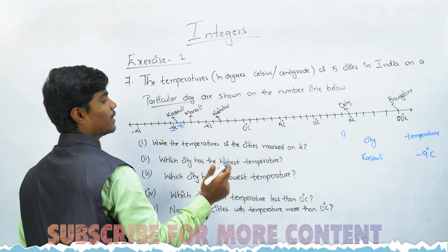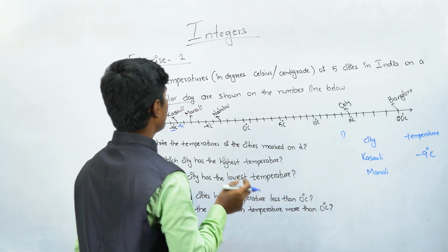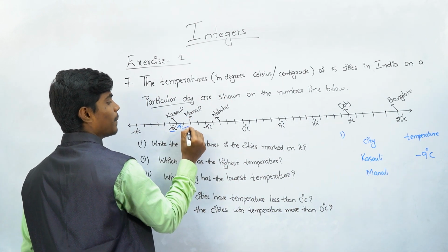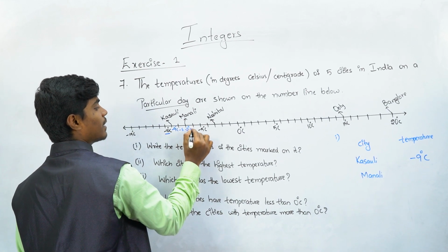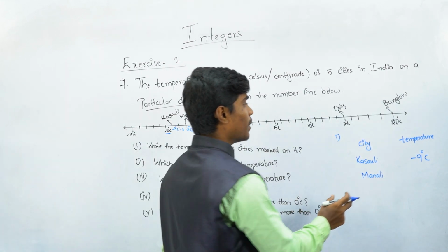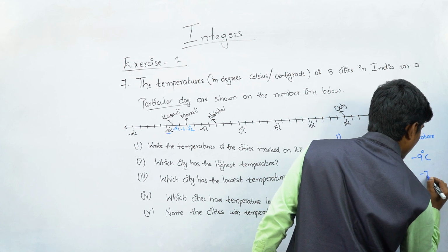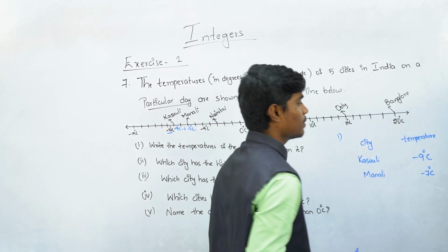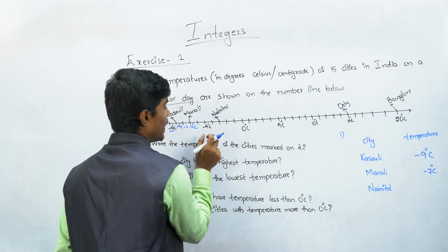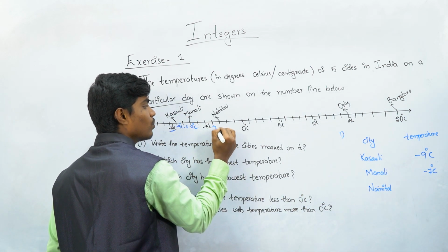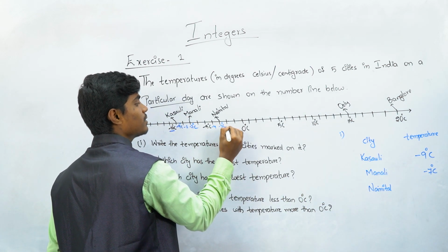Next, Manali. Here, minus 9, minus 8, minus 7. Minus 7 degrees Celsius. So, Manali temperature is minus 7 degrees Celsius. Next, Nainital. Here, minus 5, minus 4, minus 3 degrees Celsius.